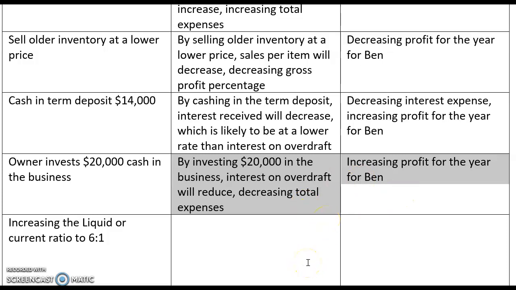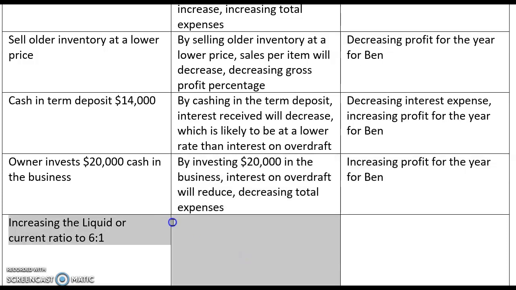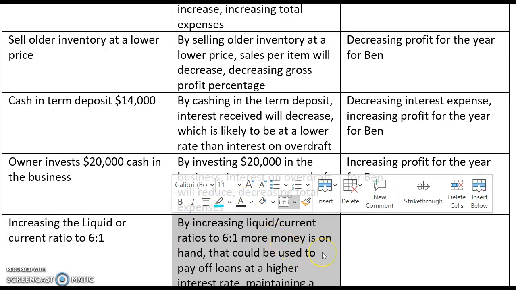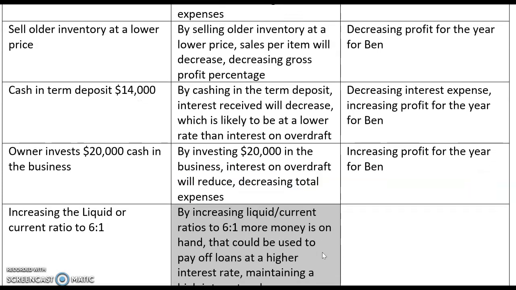The last question is a liquid or current ratio of 6:1. Is that a good ratio? I'm suggesting here that it's not. By increasing the liquid or current ratio to 6:1, more money's on hand, and that money could be better used to do things like pay off loans which have a higher interest rate.